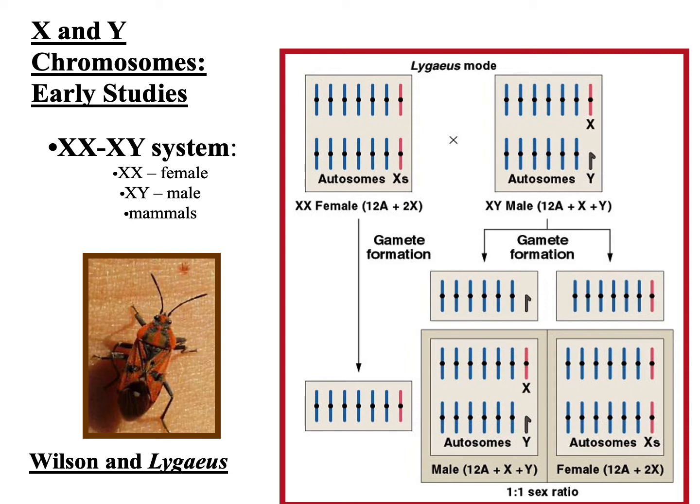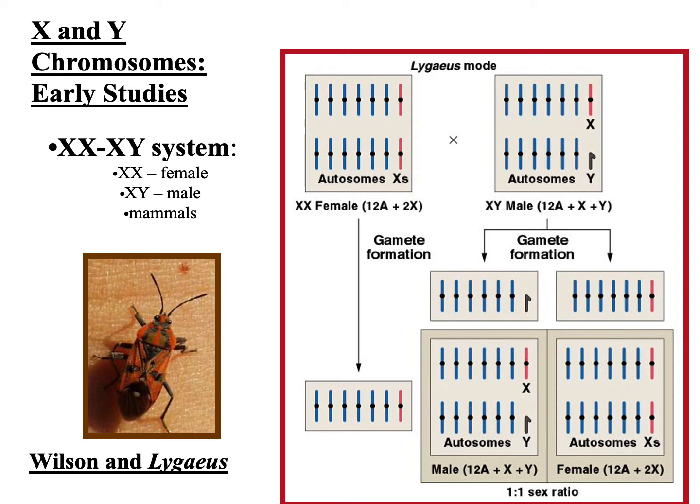And alternatively, if that egg was fertilized by the second sperm example, the one that contains the X, you would end up with an individual that has 12 autosomes and 2 copies of X, and these would be individuals that were female. This is referred to as the XX/XY system or mechanism of sex determination. It results in a 1-to-1 sex ratio as the outcome.